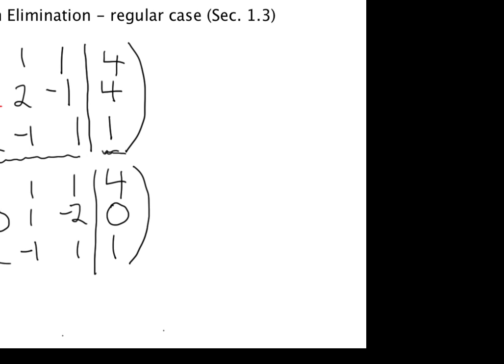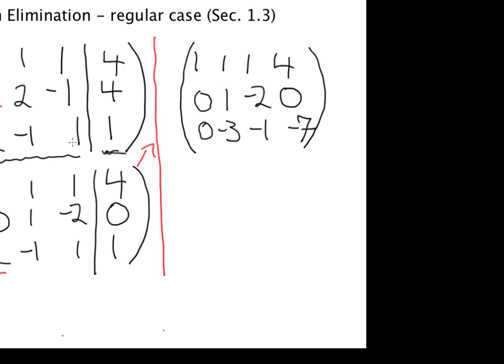Let's get rid of this 2 by multiplying the first row by minus 2 and adding it to the third row. And I'll indicate what happens when you do that up here.